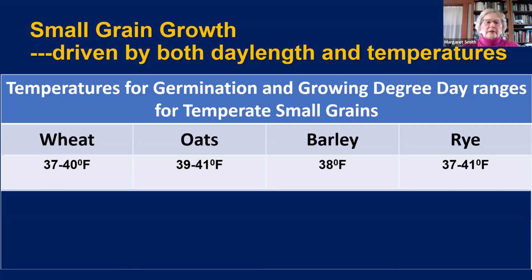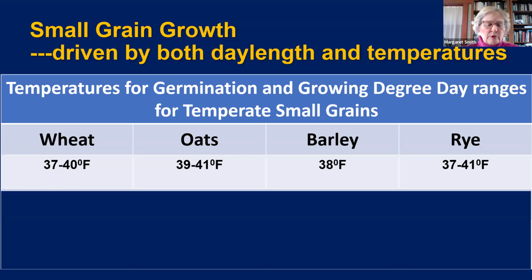There's some slight differences, but if you really look at them, they're really not different. These are so close that I just about feel like the temperatures for germination are the same for these four small grains.